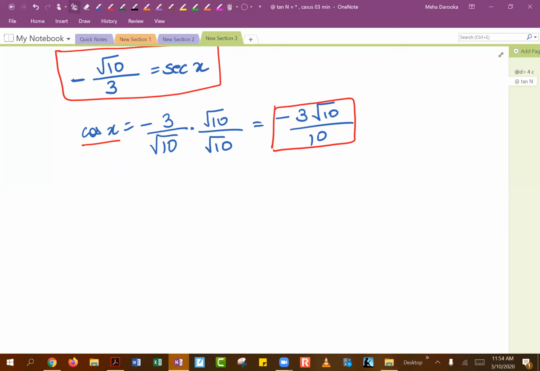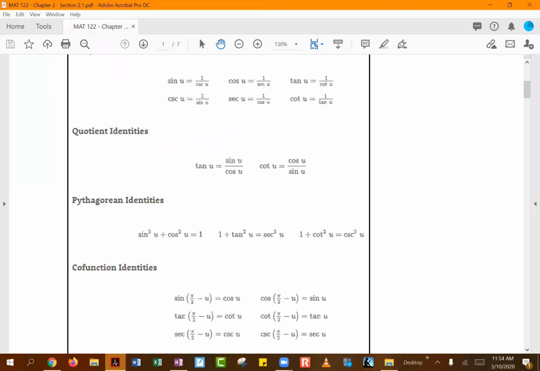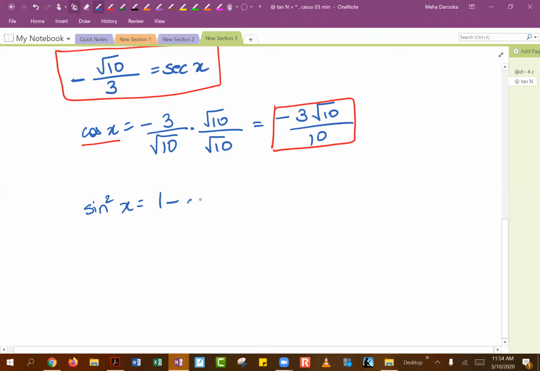So let me see, how do I want to write this down? We're trying to find the sine function, so you can actually do sine square of x equals, what should that be if we're trying to isolate the sine square function from our Pythagorean identities? Yeah, very good. Move the cosine to the other side and you will get 1 minus cosine squared of x.